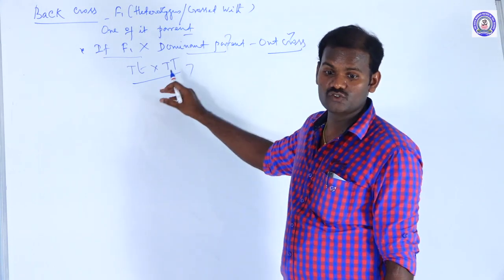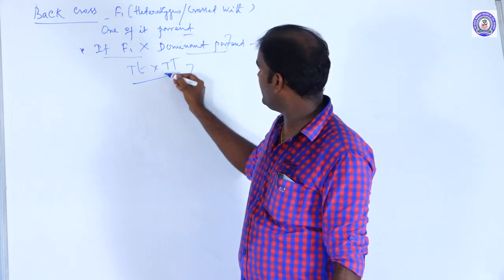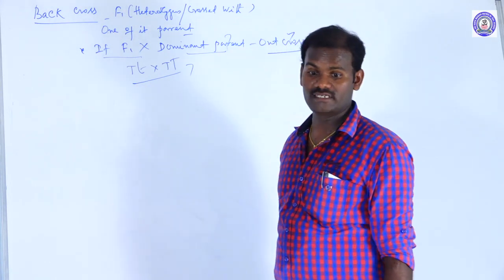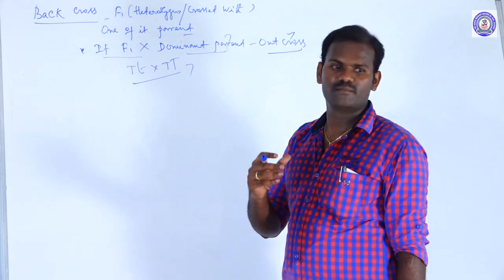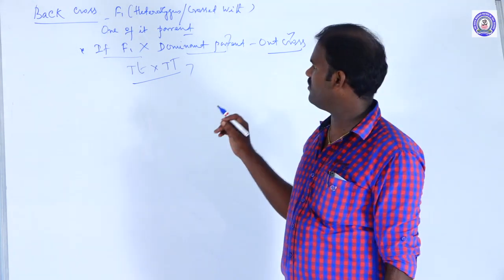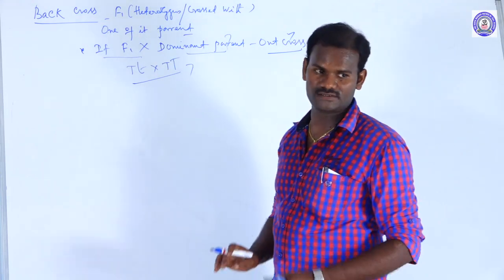Actually, it is economically useful. It is useful for breeding because only dominant characters are expressed. The dominant characters are useful in breeding experiments, so from an economic point of view, backcross is useful.